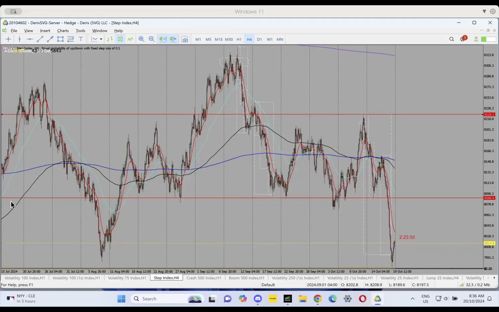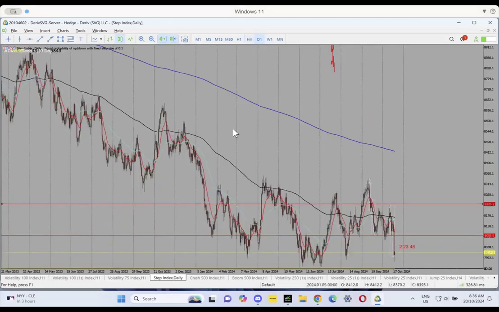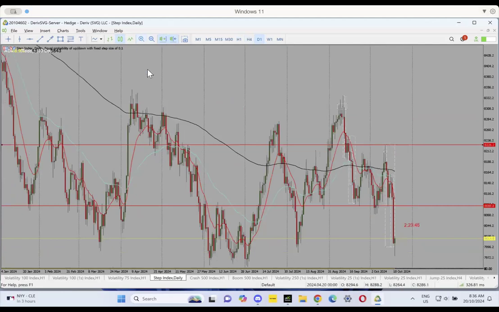Now, to support my theory even further, if you look at D1, you've got a market that has been ranging for a long time. It has been sitting in this spot for a long time. So what you want to see the market do now is break those lows.